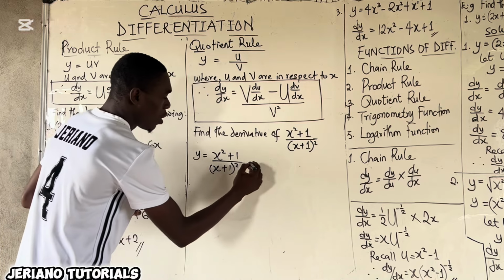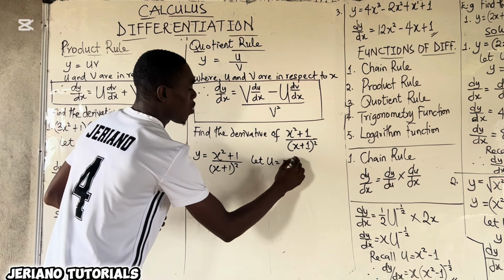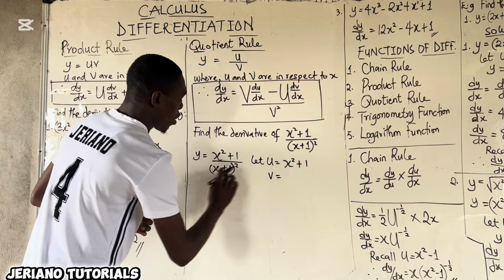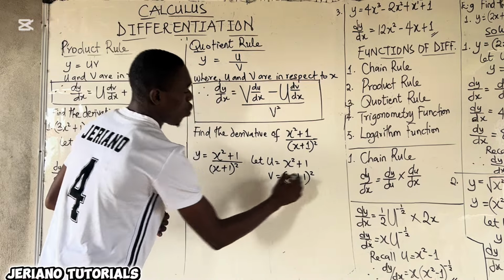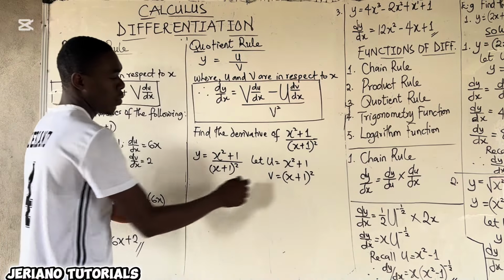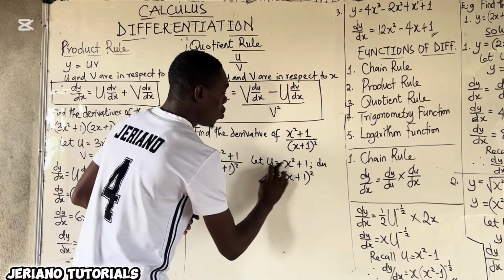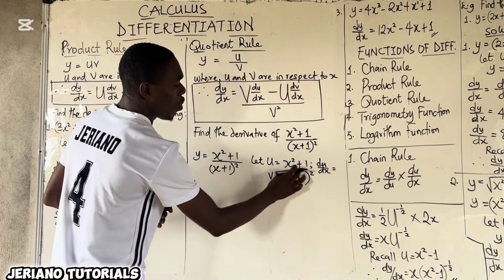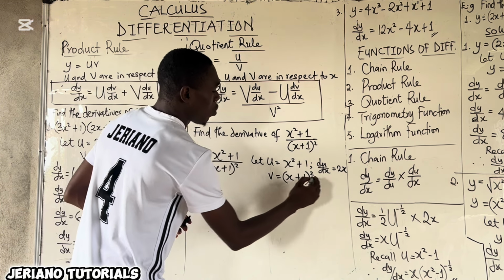Now we'll say, let u be equated to x squared plus 1, and v equated to x plus 1 squared. Now, having done that, du/dx becomes, the derivative of this is 2x, 1 is trashed out.